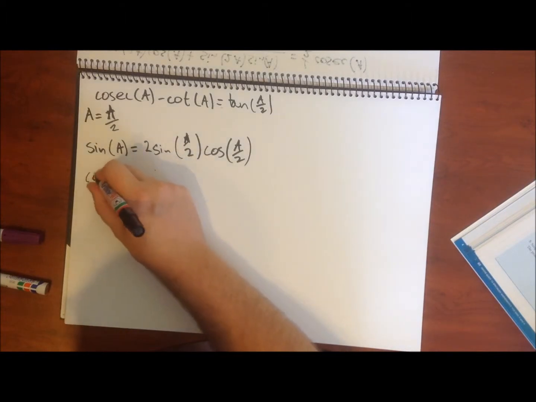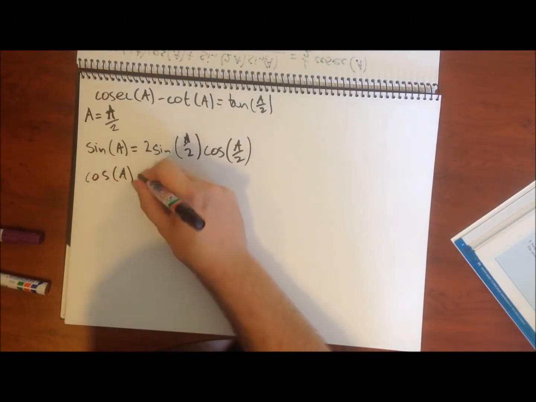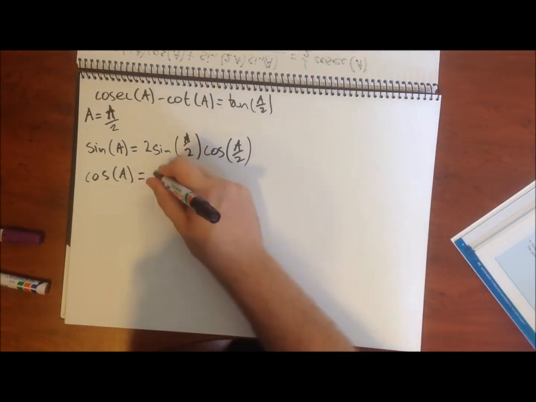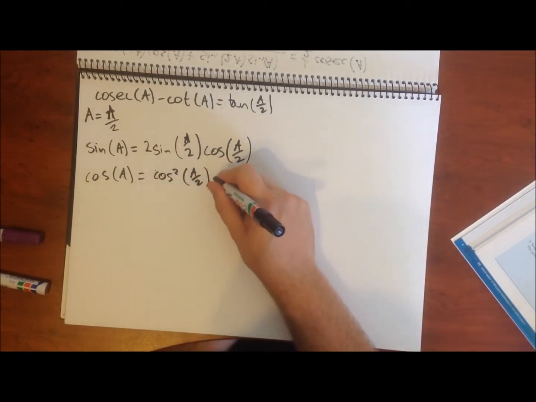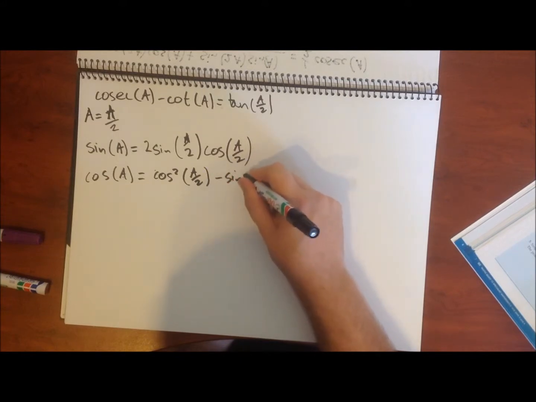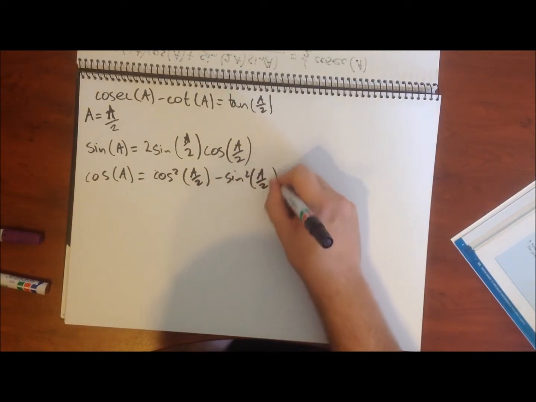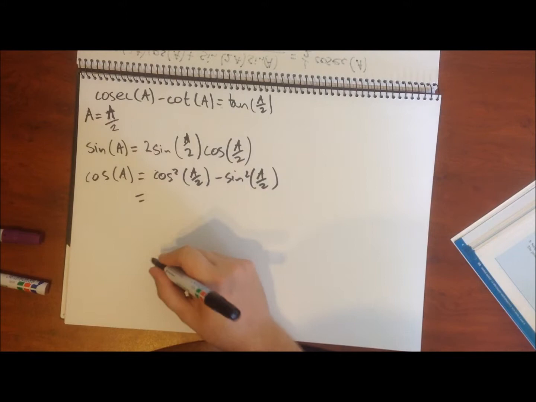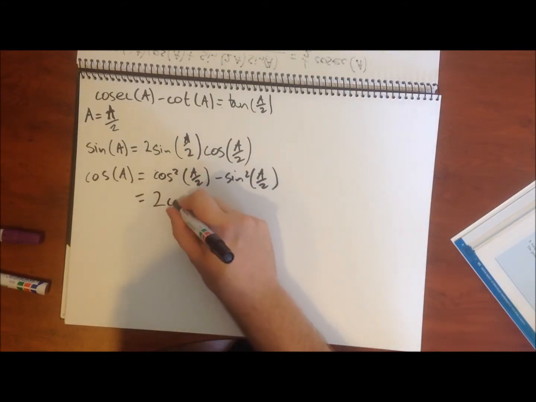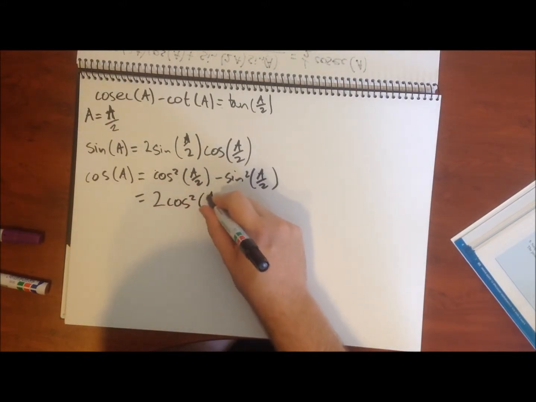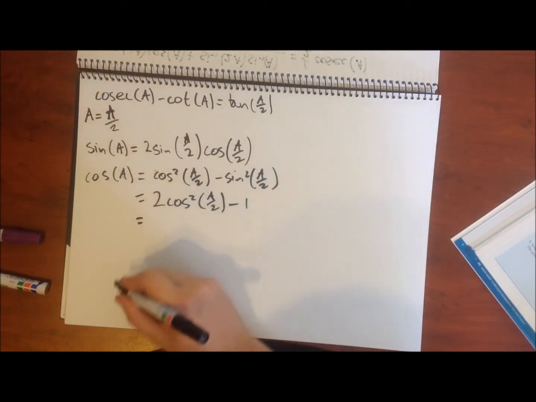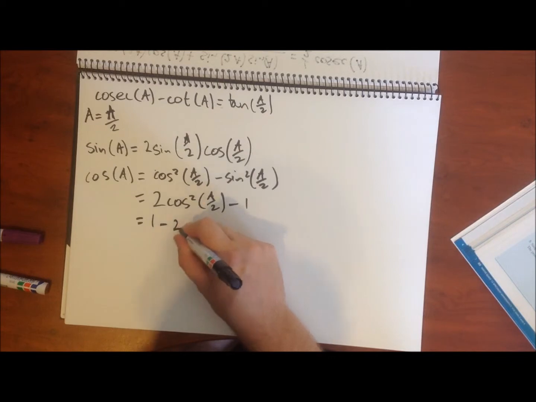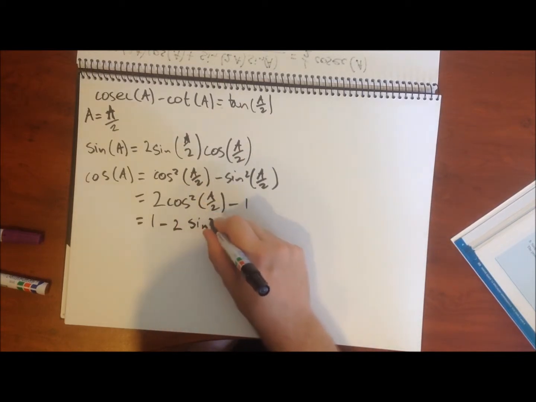And our cos formulas become cos squared of a on 2 take sine squared of a on 2, which is the same as saying that we've got 2 cos squared of a on 2 take 1, or that we've got 1 minus 2 sine squared of a on 2.